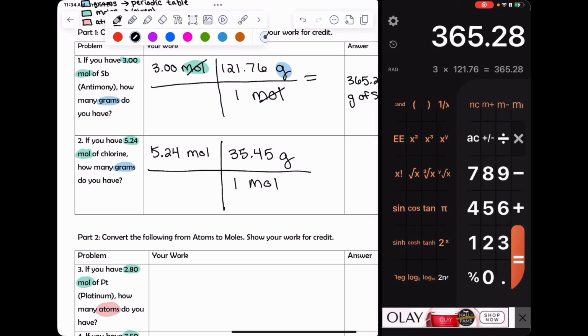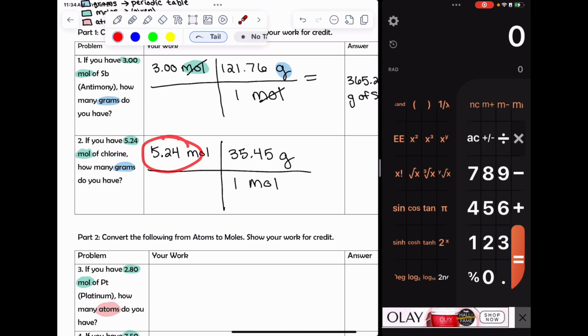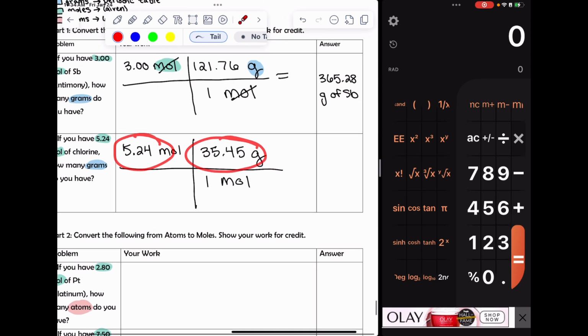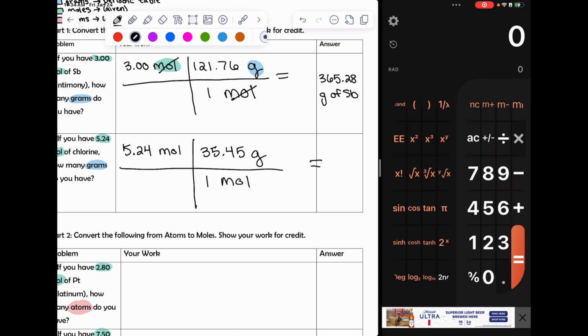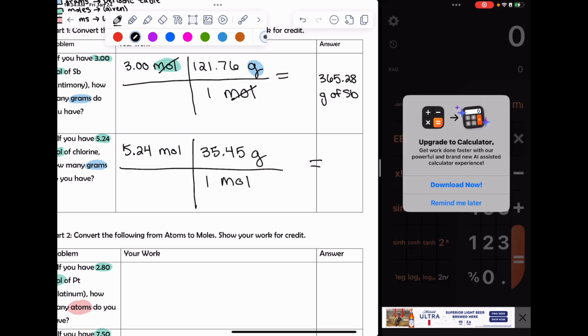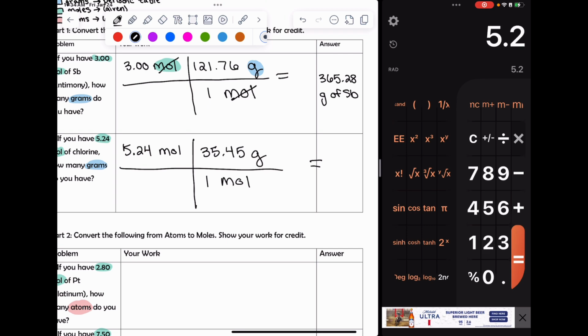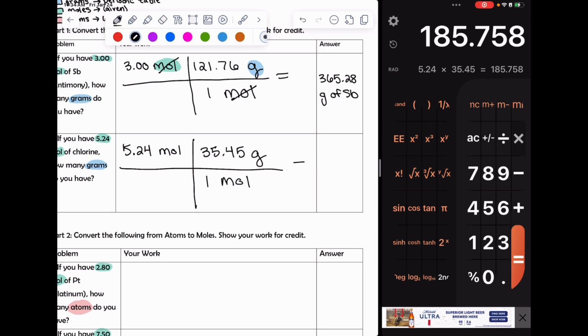Now, to actually do the math on this, we're going to have to pull back up our calculator and multiply 5.24 times 35.45. Let's see what that gets us. That gives us a total of 185.76.